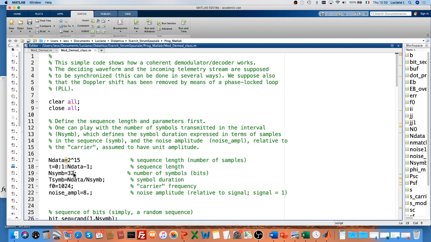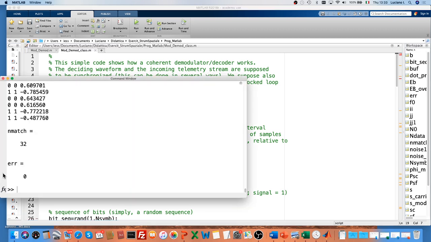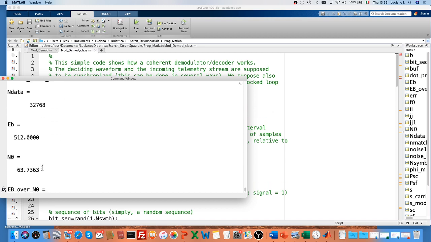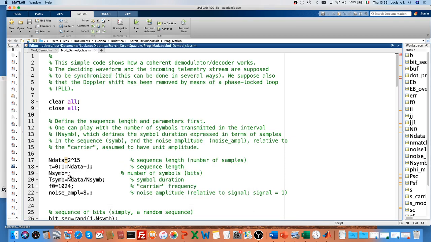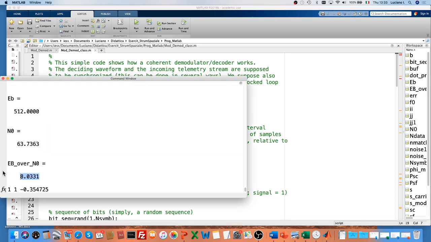Let us decrease it further to 16. And what is the bit error rate in this? Sorry, what is the Eb over N0? 8. We are at Eb over N0 of 8, which is already suboptimal because we must have at least, let us say, 10 or more. So if I go now with the number of symbols, I don't remember how many I used here.